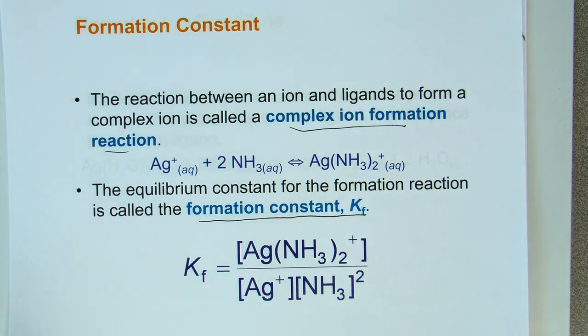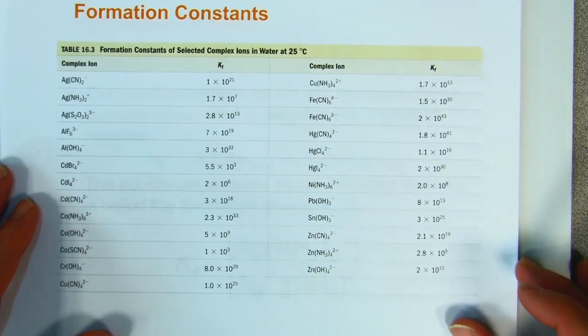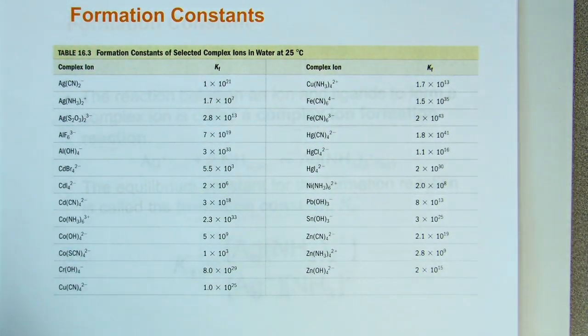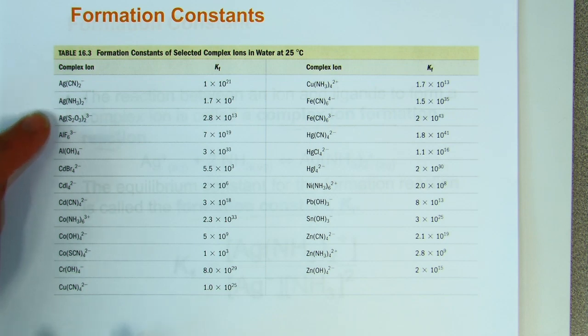Now this is one example of a complex ion, but in fact there are many different examples. This particular slide summarizes other options for formation of these complex ions. For instance, you could make a silver cyanide complex. Here's our silver ammonia, silver with fluoride even, hydroxide.